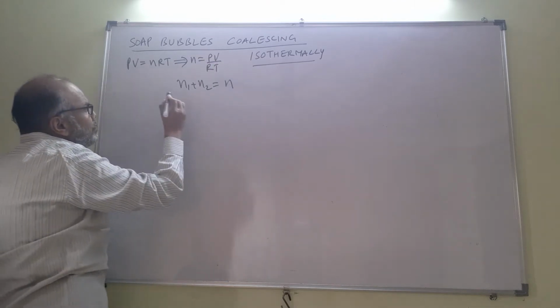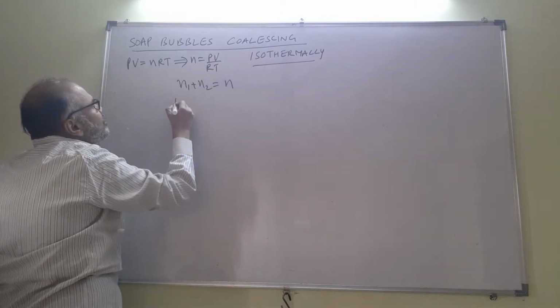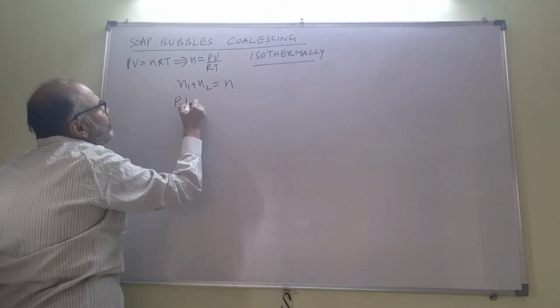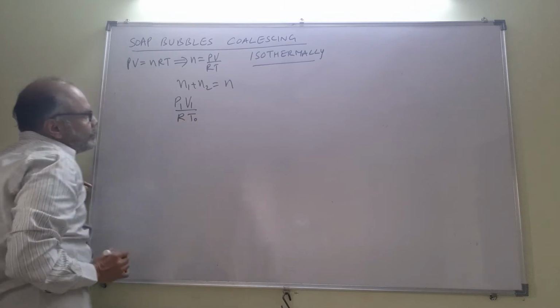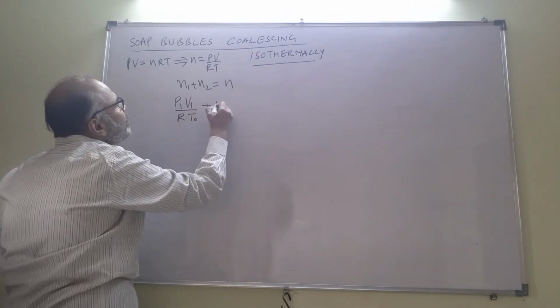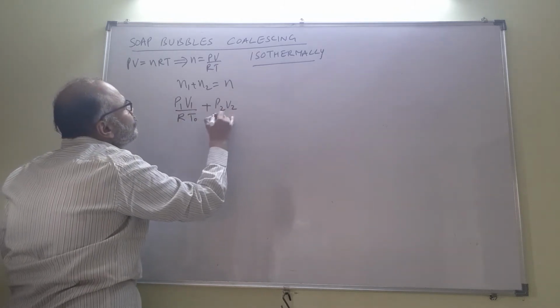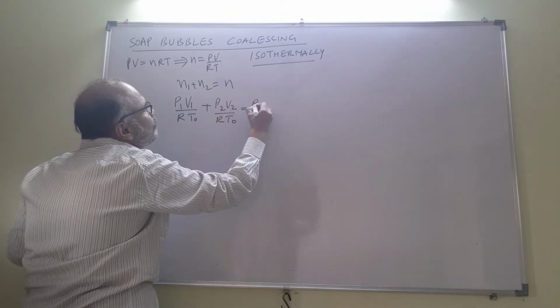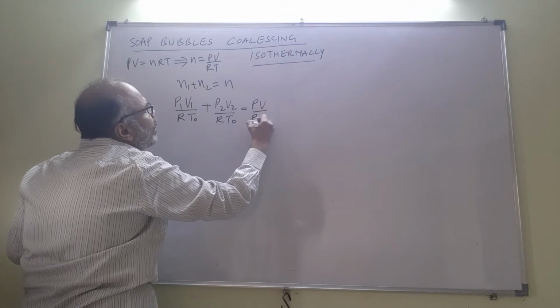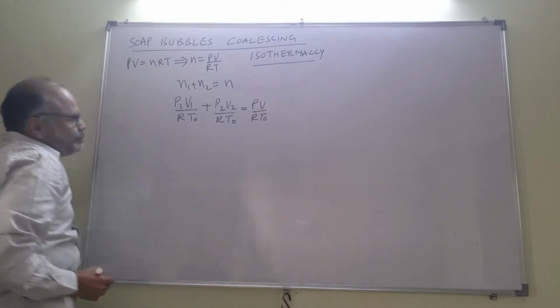So for N1, we put the pressure inside the first bubble P1 times the volume V1 by R T naught. N2 will be P2 into V2 by R T naught. This will be equal to P into V by R T naught.